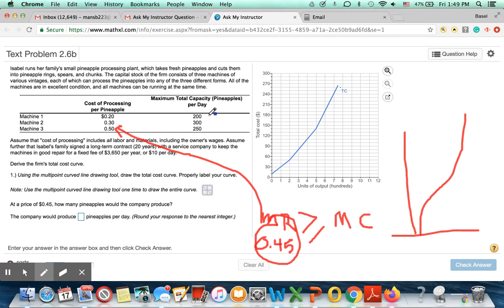So the maximum amount of pineapples you should produce is 500, because price is higher than marginal cost. The marginal cost by using machine 2 is 30 cents. So we should use machine 1 and 2 only and produce 500 units. Let's check the answer. So 500, 200 plus 300.